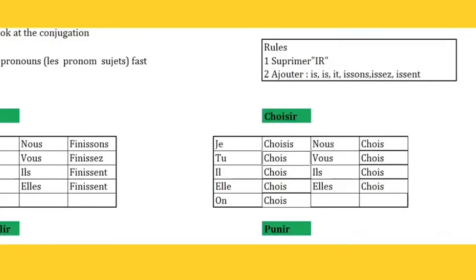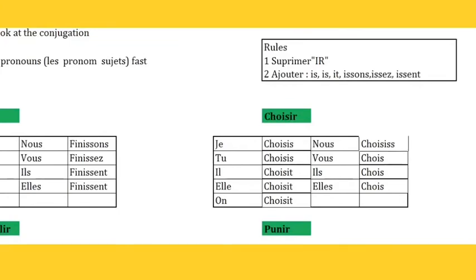So let's start. Choisis, choisis, choisis. Now we are adding IT to all the third person singular. Now these are new.